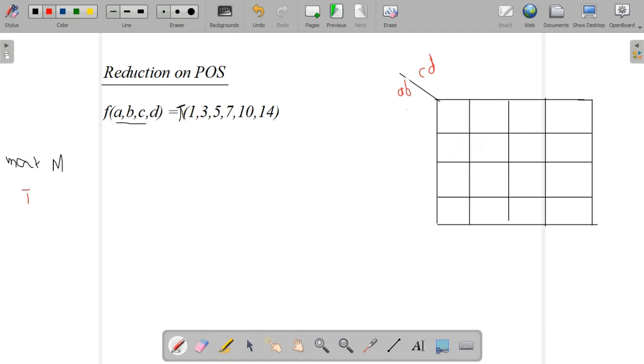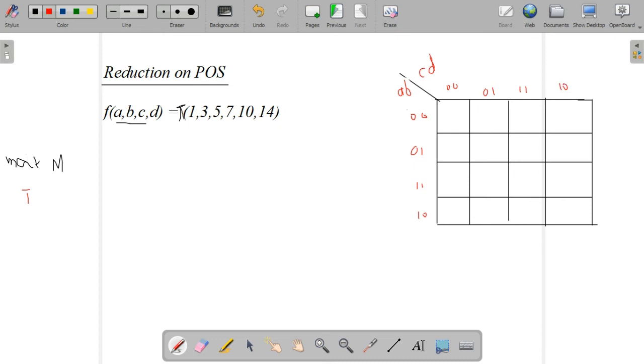So the KMap always starts here with 0 0, 0 1, 1 1, 1 0. The same way 0 0, 0 1, 1 1, 1 0.